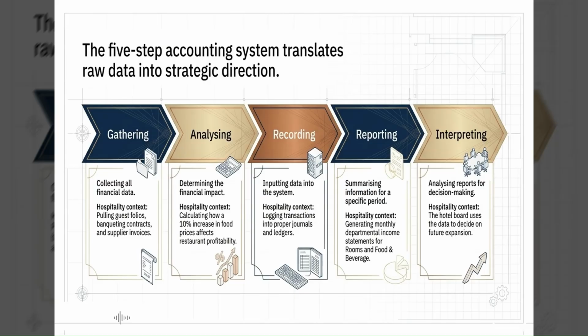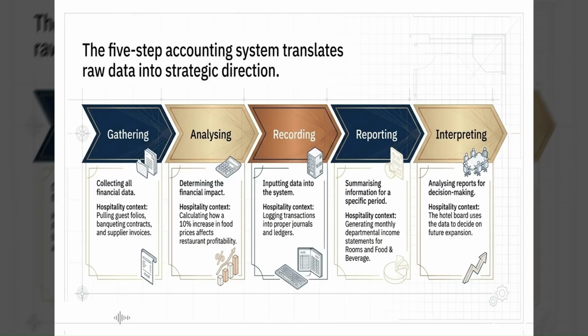This is the mechanical stage, the one people picture when they hear the word accounting, and it is the one stage a computer does better than a human. In a later learning unit, you will do it by hand. Not because you will do it by hand in practice, but because you cannot supervise or interrogate a system you do not understand.